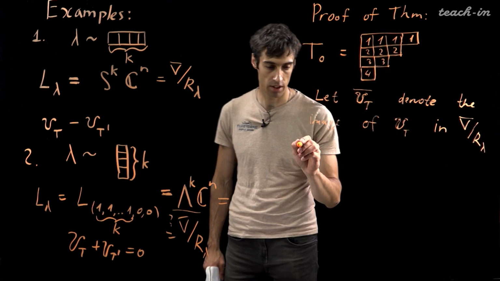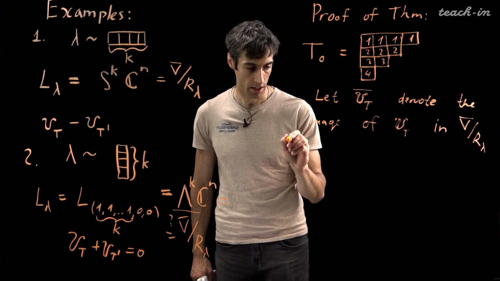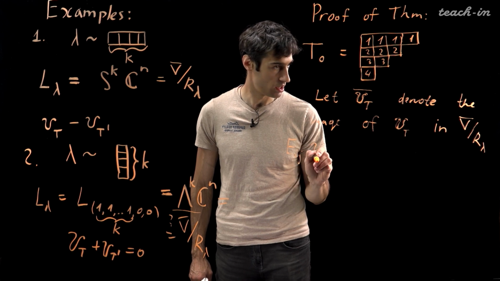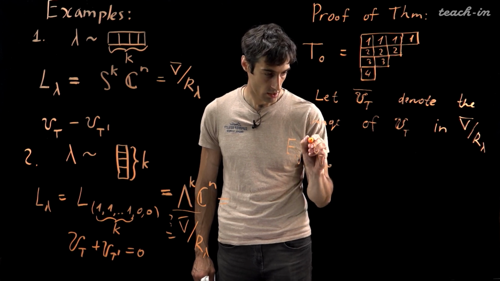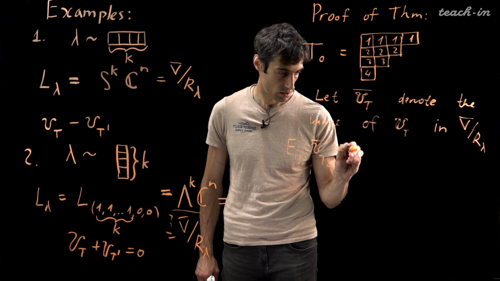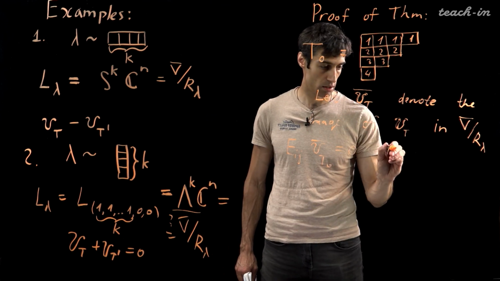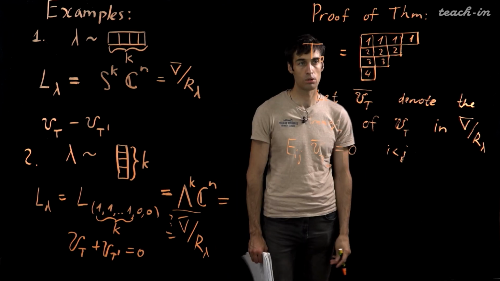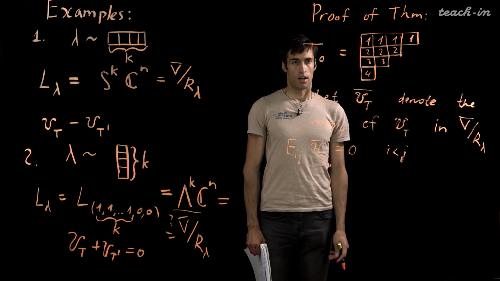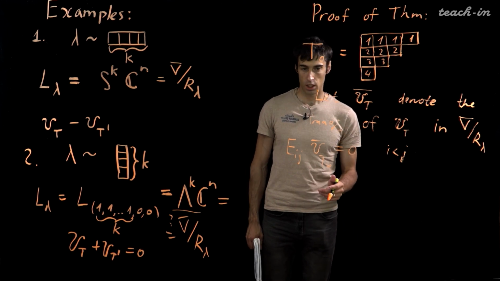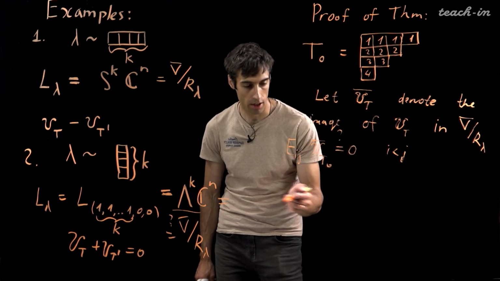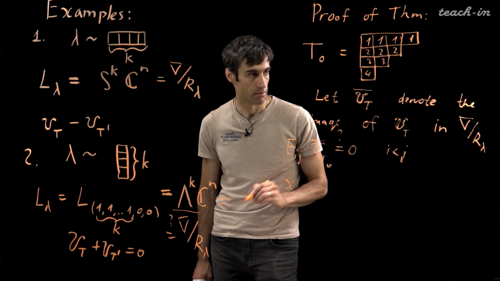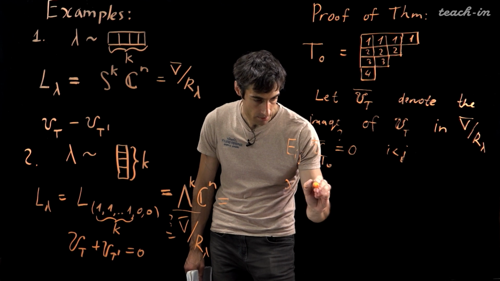So first of all, I claim that Eij acting on Vt0 bar gives me 0 if i is less than j. So we would like to see that. How, if I have an element of GLN, say x, in GLN.